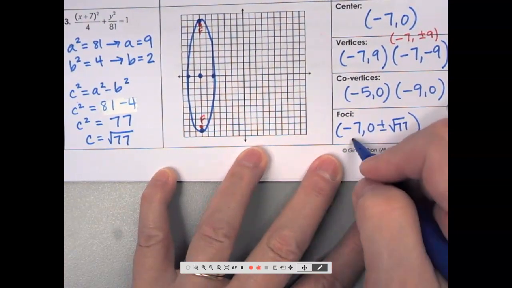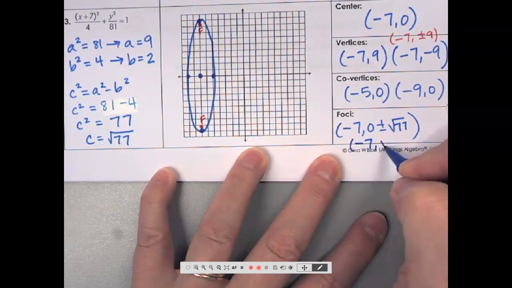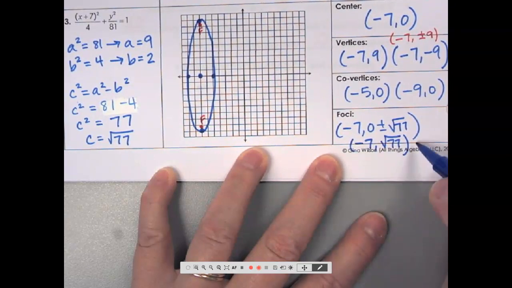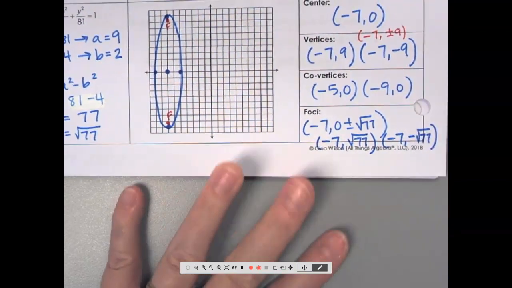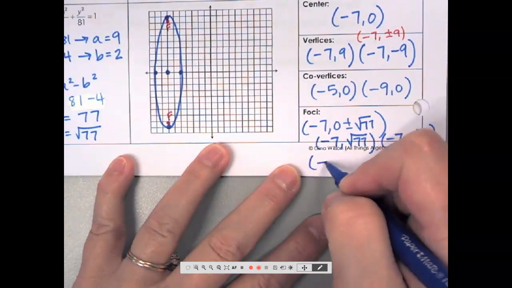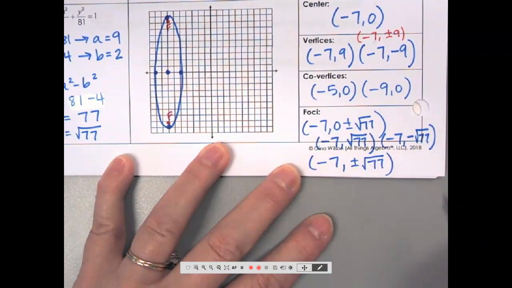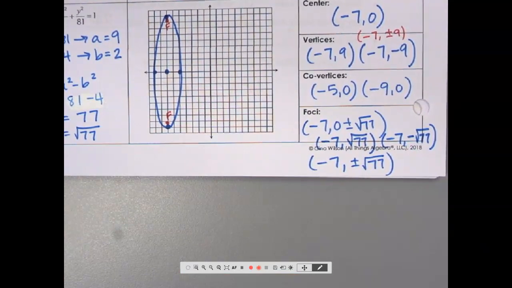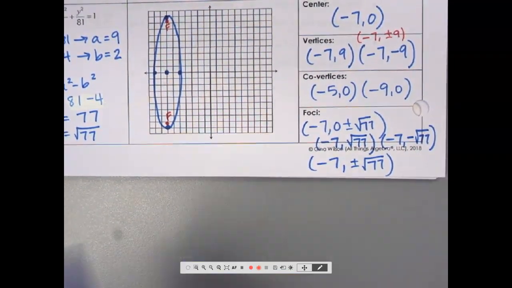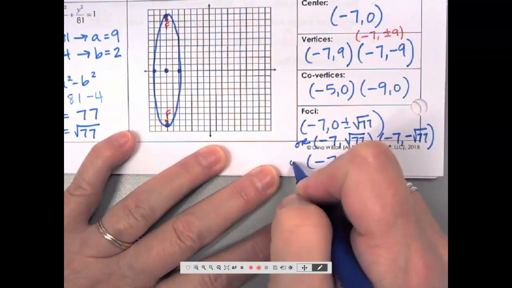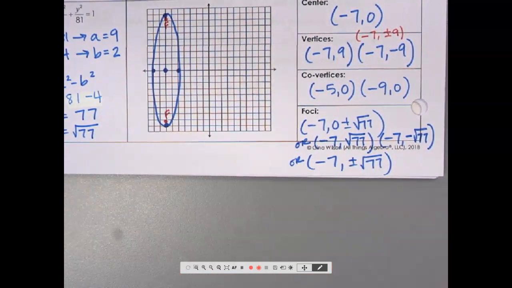Or you could just do -7, square root 77, -7, negative square root 77. You got it. -7, plus or minus square root 77. There's 3 options there. Are we good?